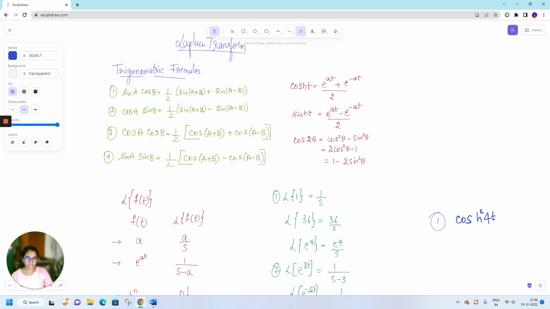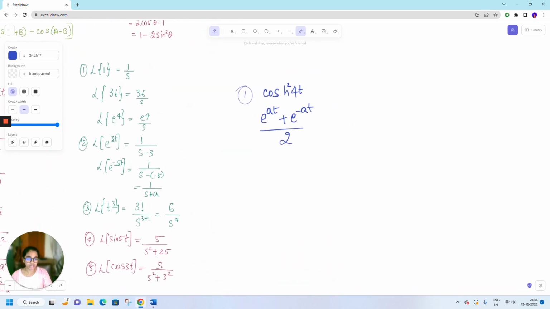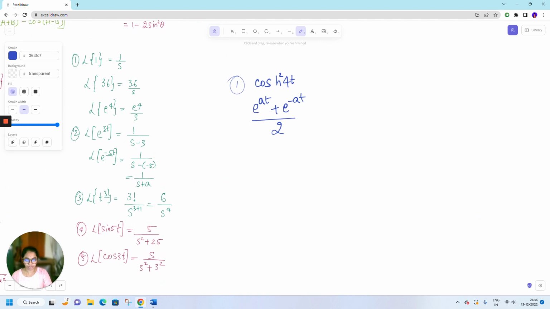As you can observe, for cos hyperbolic at, I have e power at plus e power minus at divided by 2. So let me substitute that formula. This would be e power at plus e power minus at divided by 2, the whole square. Why? Because the question is cos hyperbolic square 4t. What do I have in place of a?